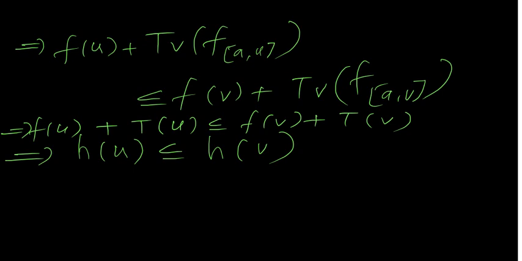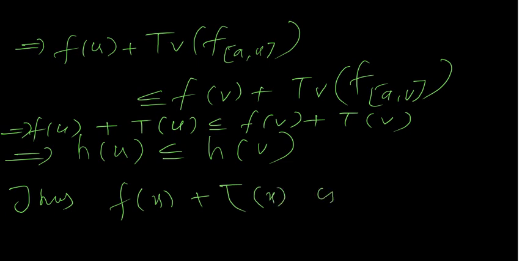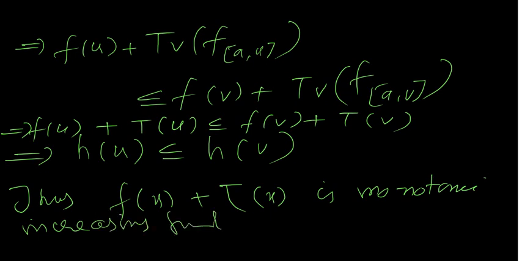So thus H is monotonic, and thus this function f of x plus T of x is monotonic increasing, while T of x, the total variation function, is a monotonic increasing function.